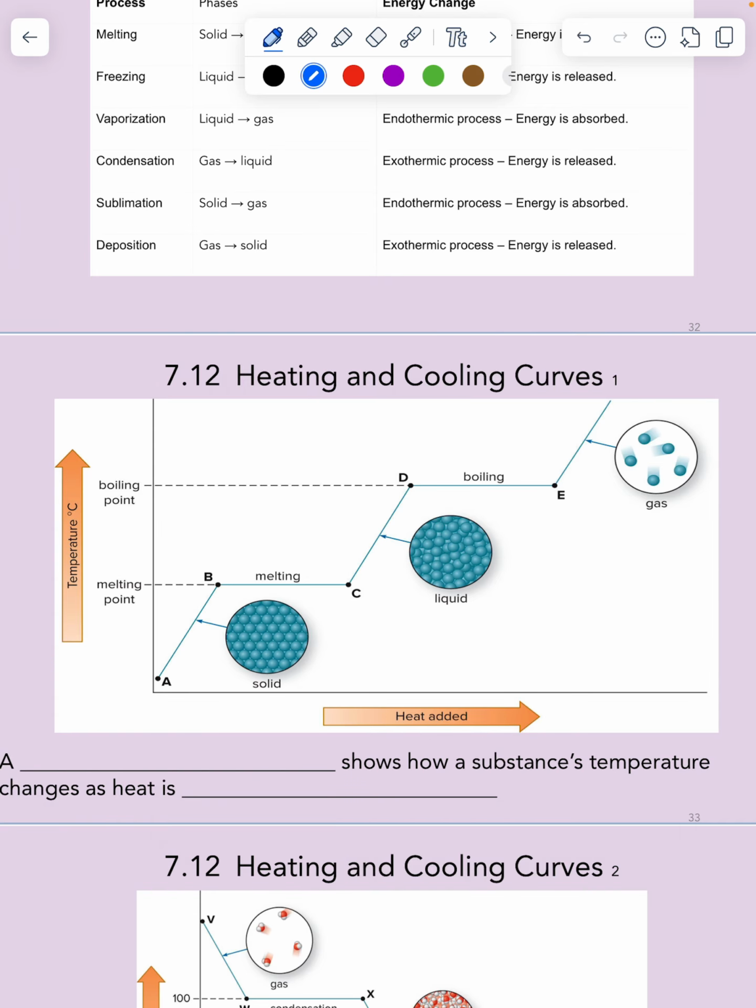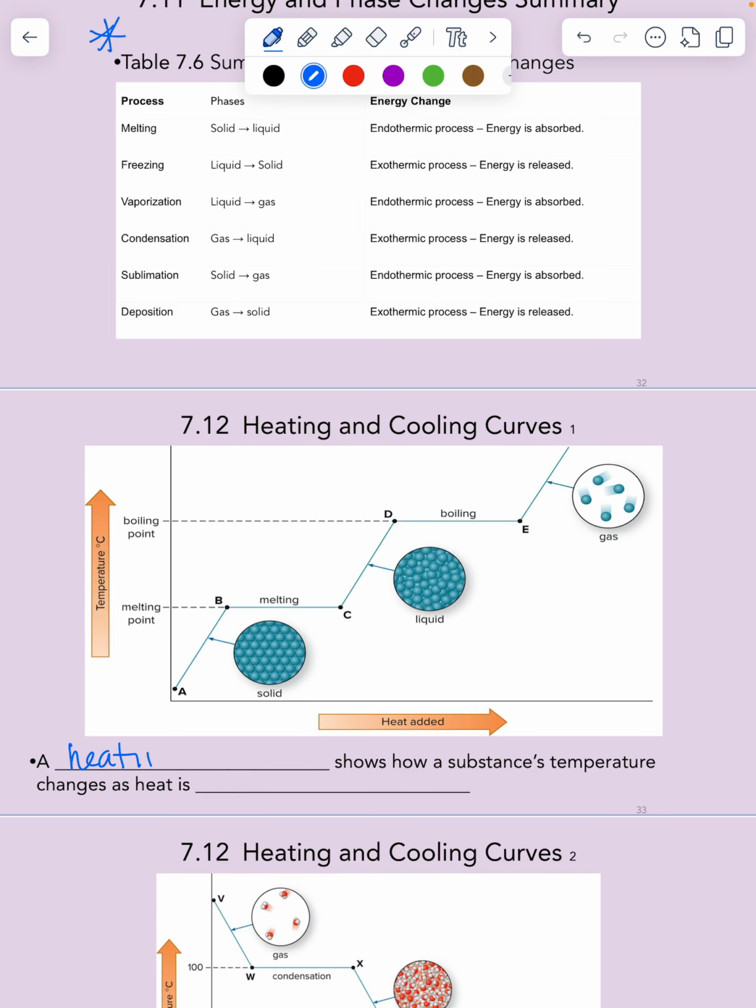Temperature is on the y-axis. But as soon as I get to point B, all the way to point C, even though I'm adding heat on the x-axis, notice that it says heat is added, even though I'm adding heat, the temperature is not changing.